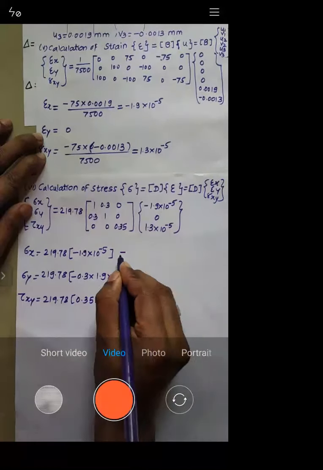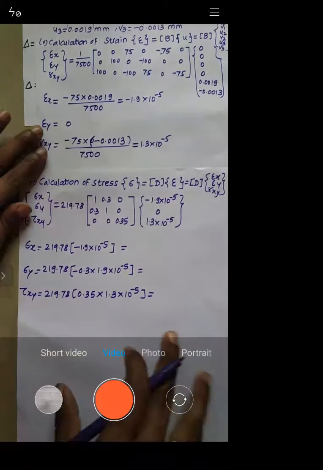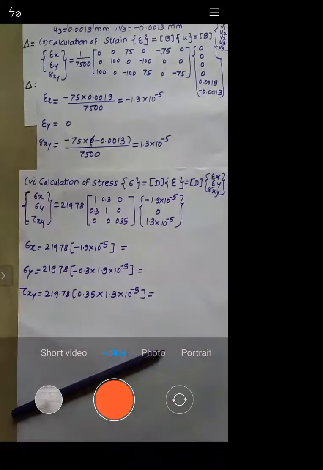So tell me these values. Sigma x, sigma y, and tau xy.